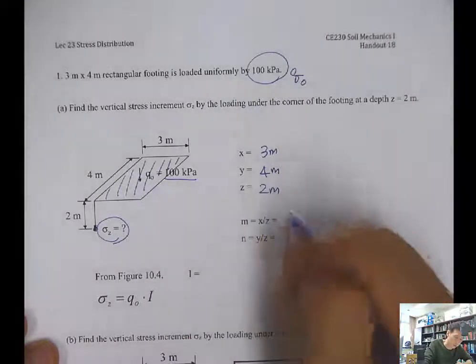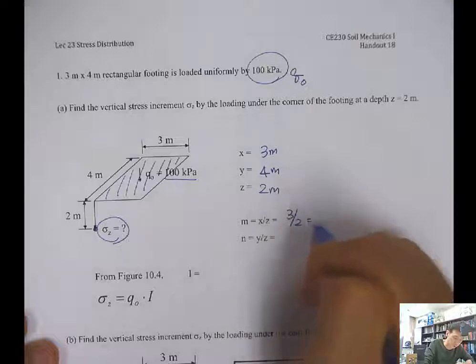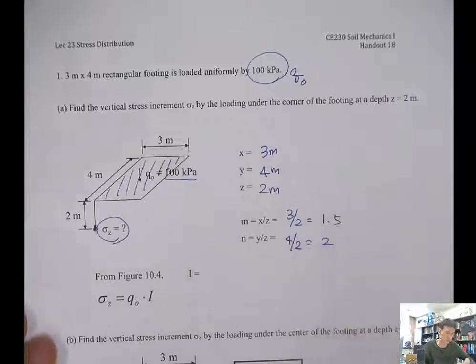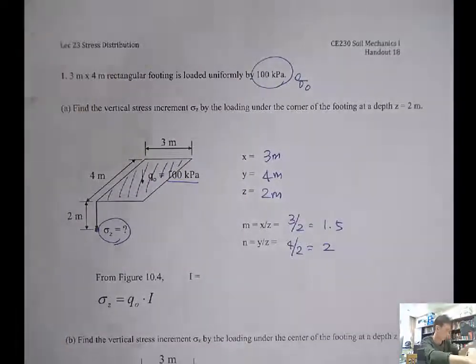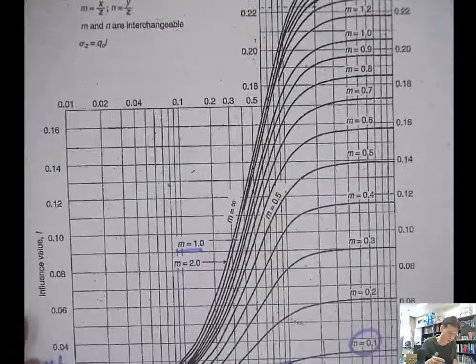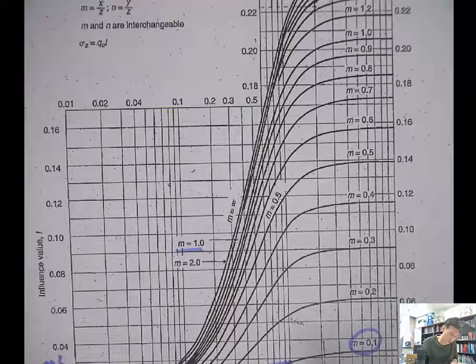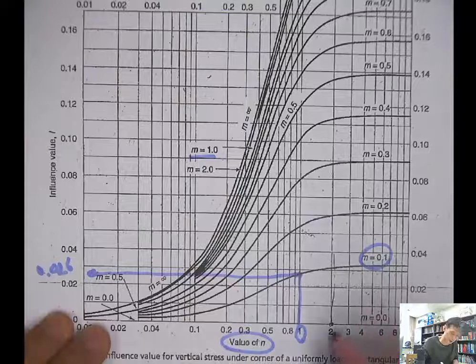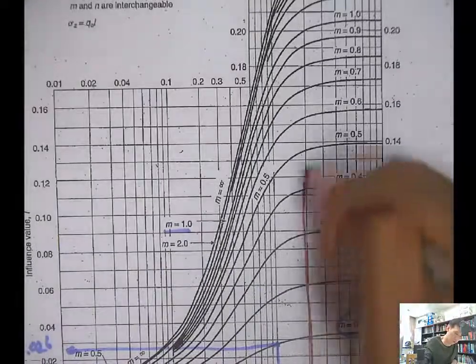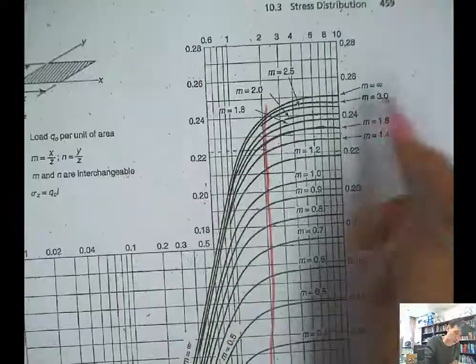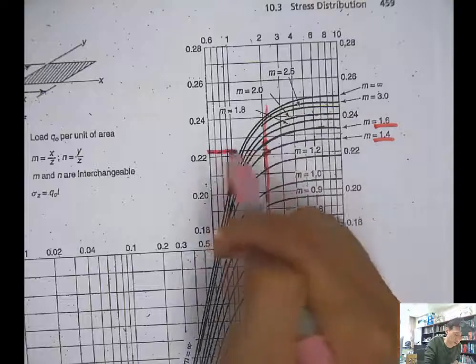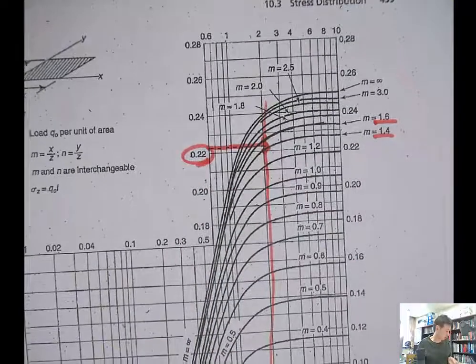Then m will be 3 over 2, so 1.5. And n is 4 over 2, that's 2. So then we can go back to this chart, m is 1.5, n is 2. Here 1.6 is here, and 1.4 is here, so it's going to be in between, somewhere here, right?